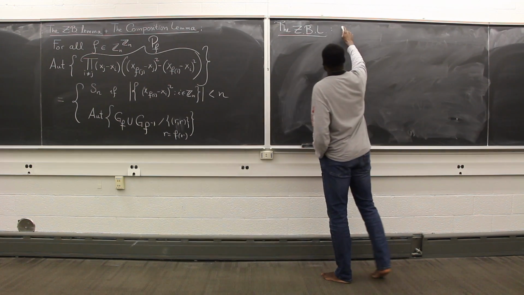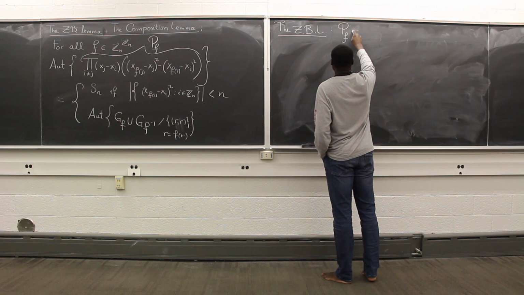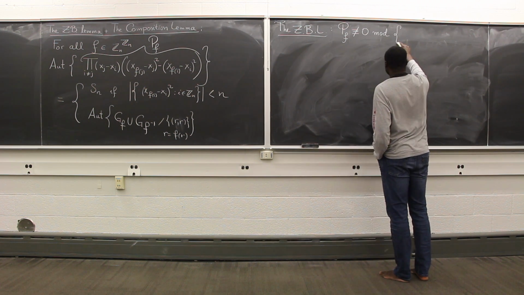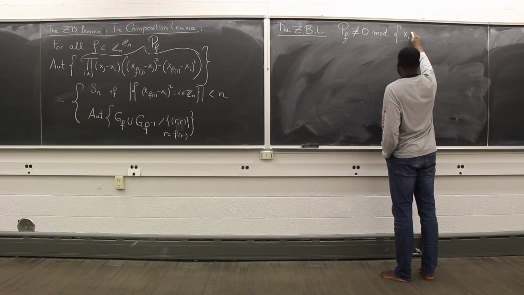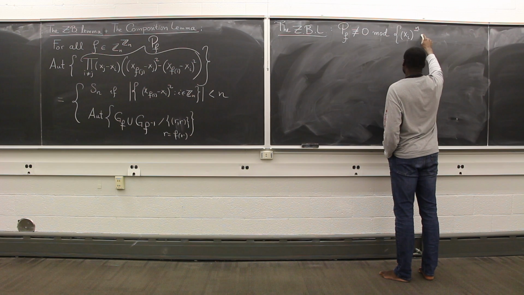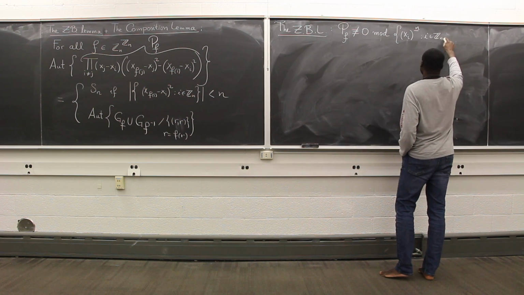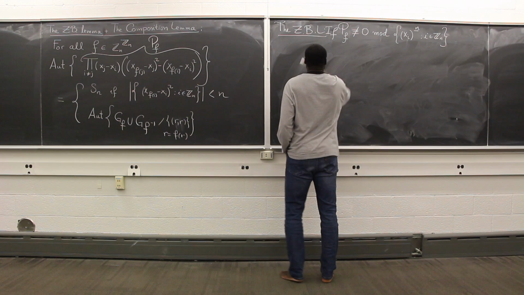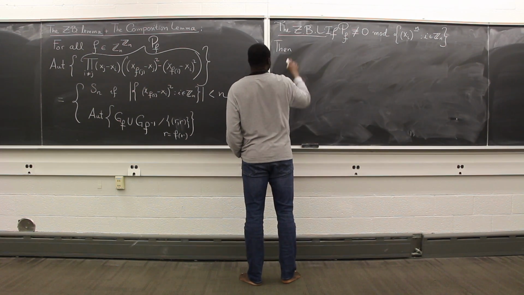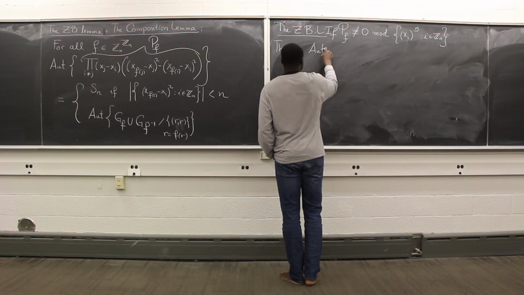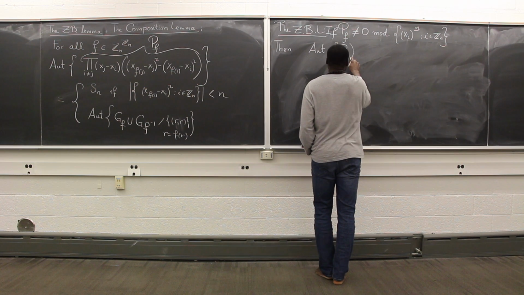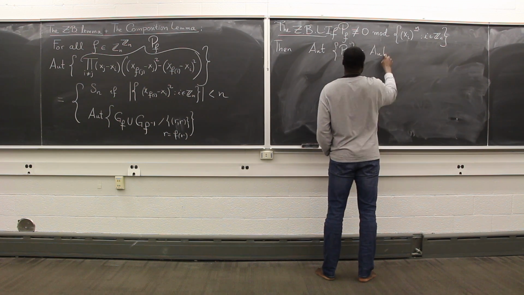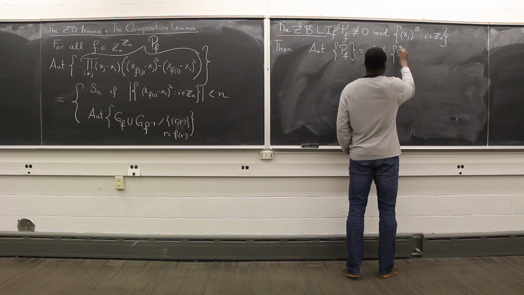So the claim is that if P_f is not congruent to 0, modulo the algebraic relations x_i^n = x_i and Z_n, then the automorphism group of P_f is equal to the automorphism group of P_f bar.